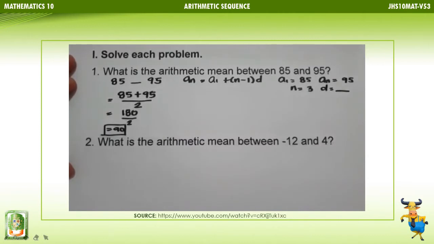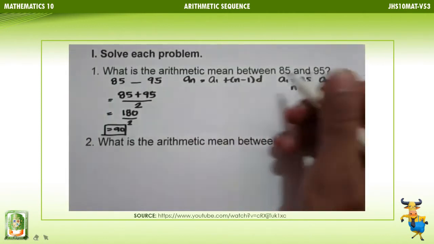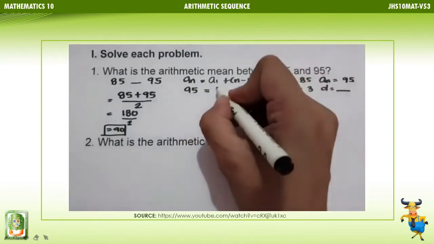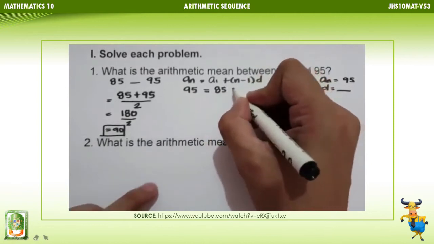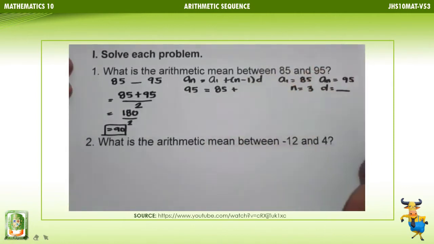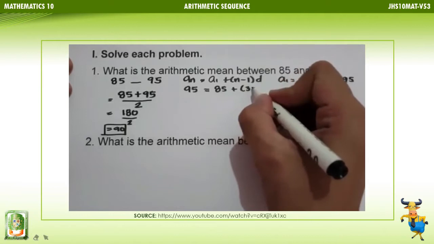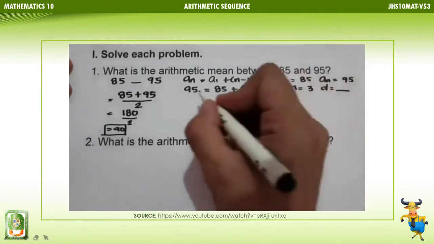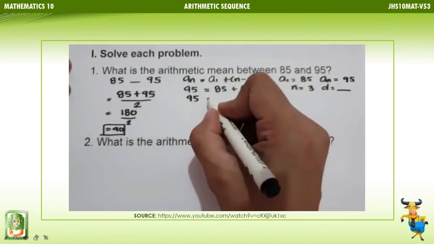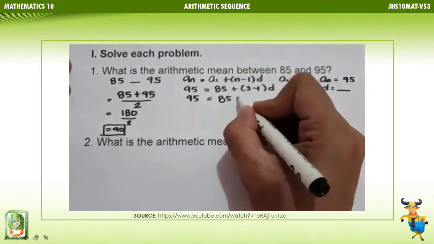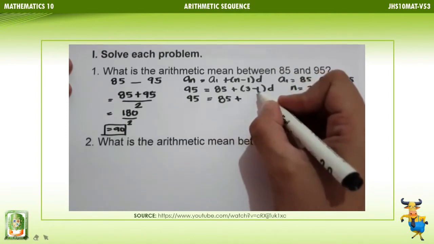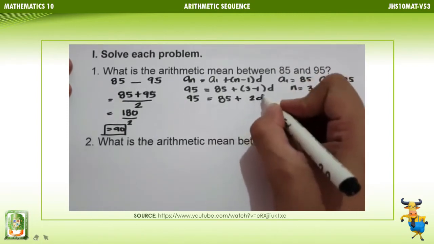Now, let us substitute the given values to the formula. So a sub n is 95, so that is 95 equals a sub 1, which is 85, plus the value of n, which is 3, minus 1 times d. Let's simplify. We have 95 equals 85 plus 3 minus 1, that is 2 times d, that is 2d.